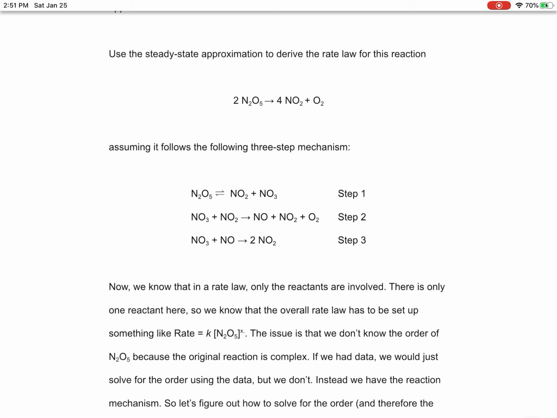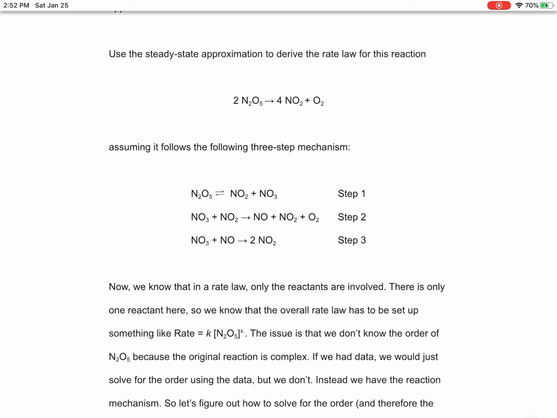Step 2 and step 3, well, let's see. They both produce some products of the overall reaction. Step 2 produces nitrogen dioxide and oxygen, while step 3 only produces nitrogen dioxide. And step 2 also produces one of the intermediates.